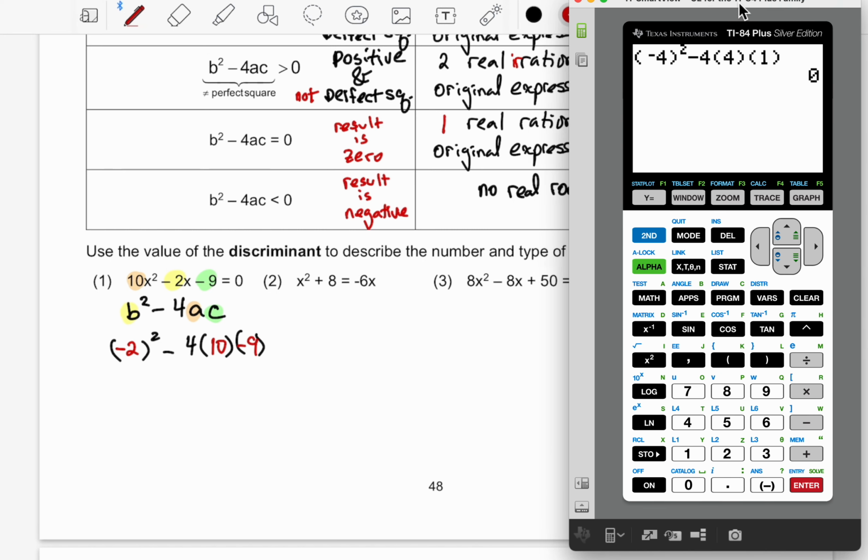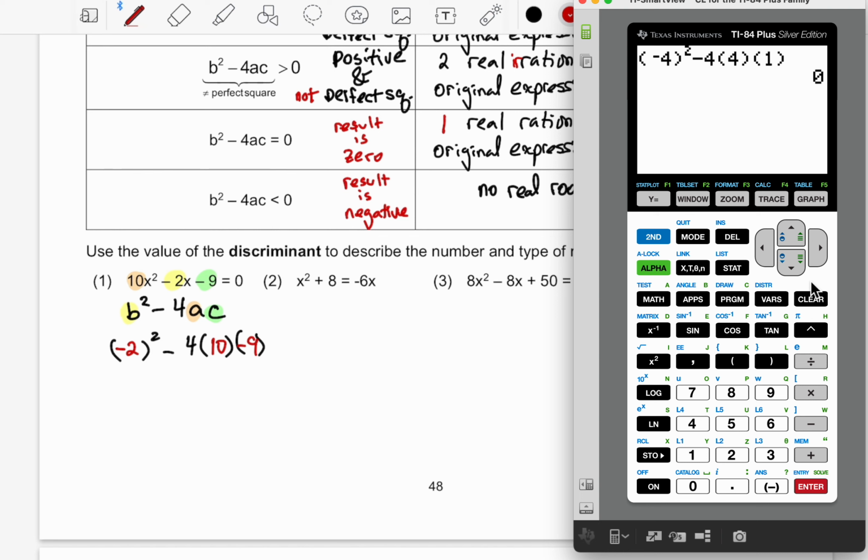If you want to do it by hand, you're welcome to do that, but the reason I go crazy with the parentheses is so that I can make it very easy to type into the calculator. So parentheses -2 squared minus 4 parentheses 10, close them up, -9, close it up. So I get 364. All right, so my discriminant value is 364.